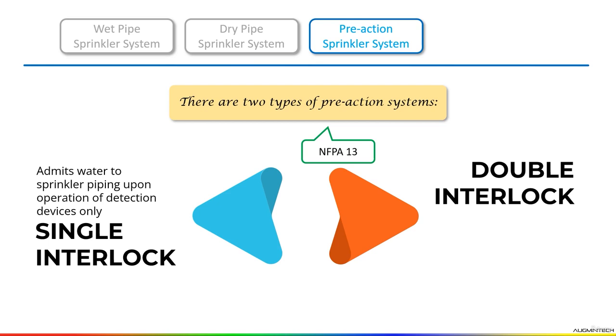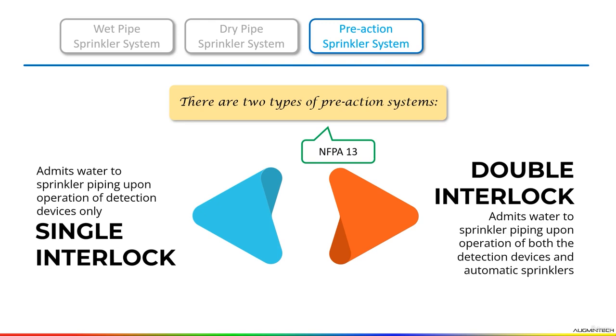The activation of one alarm alone will not be enough. And this double interlock system admits water to sprinkler piping upon operation of both the detection devices and automatic sprinklers.